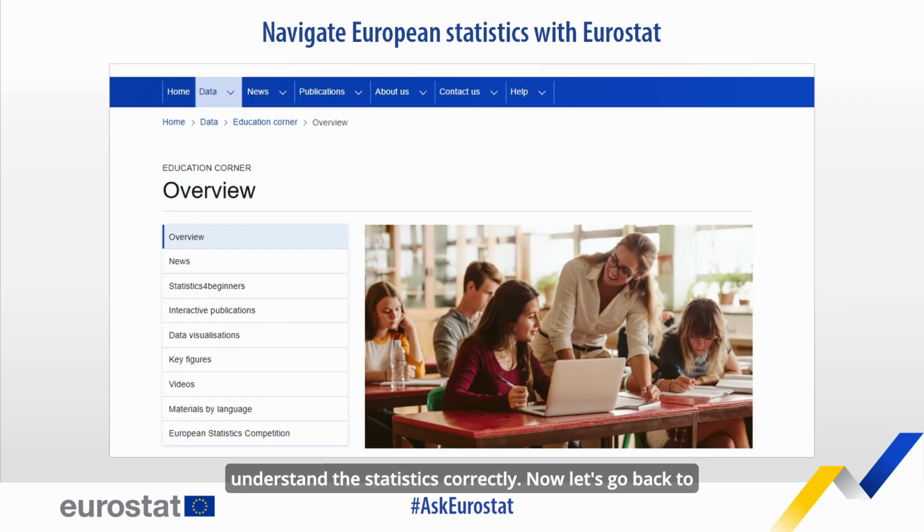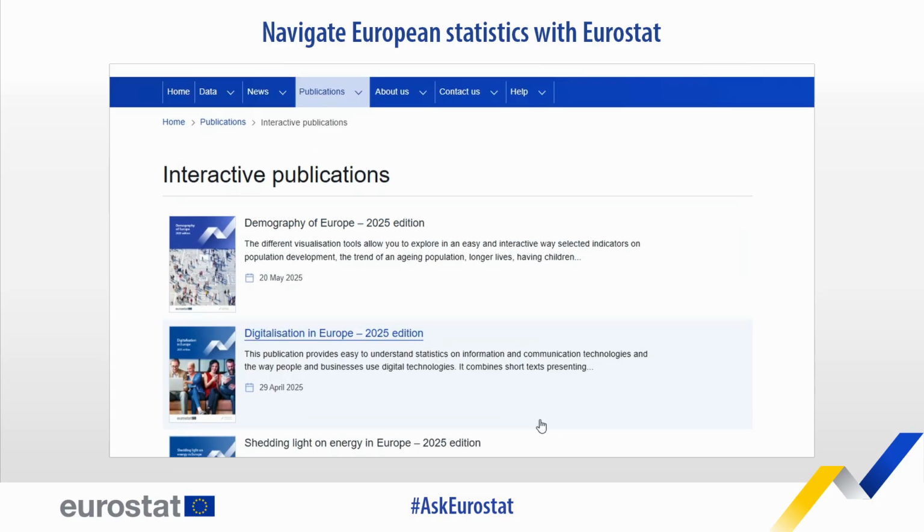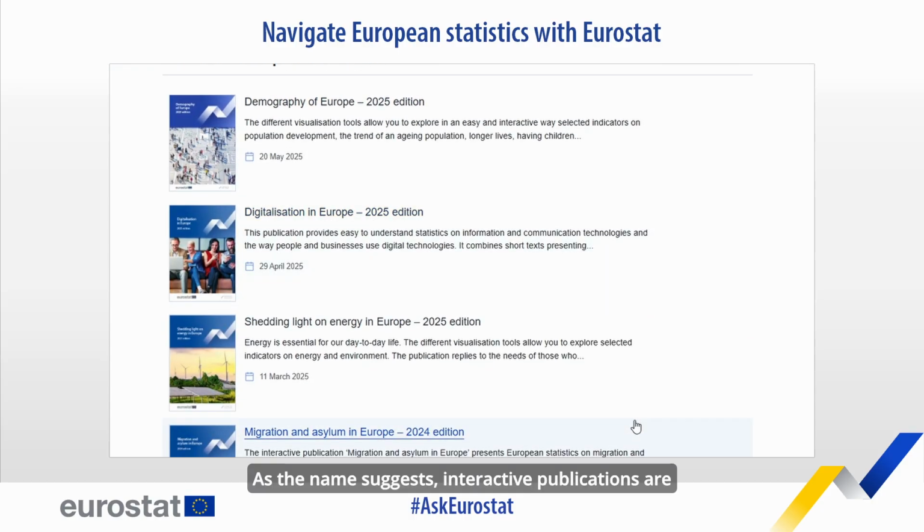Now let's go back to our education corner and let's move on to the other product I would like to show you. These are interactive publications. As the name suggests, interactive publications are publications that present statistical data in an interactive way, which means you can play and engage with the data.